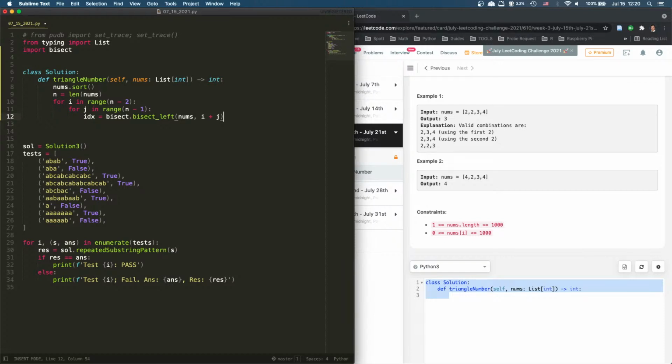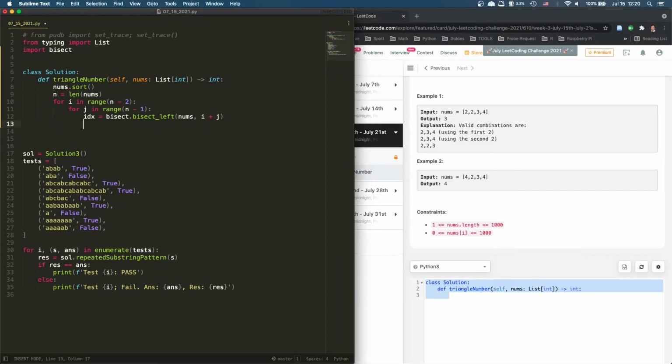So we find the index, right? We find the index, and basically from j to that index, whatever is in between is going to be our result.